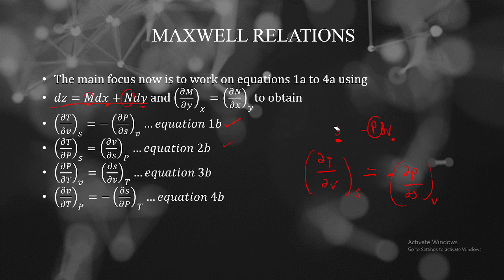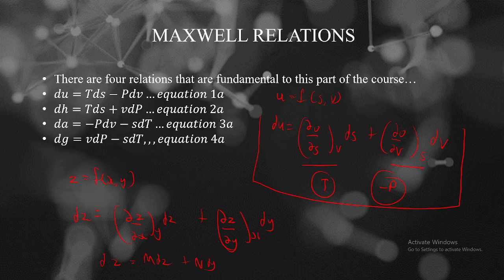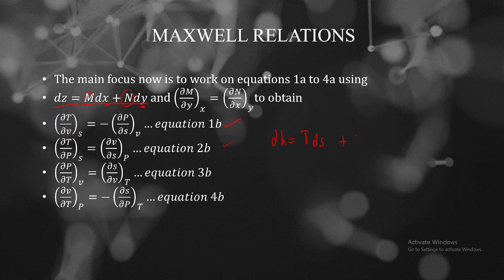So if we pick maybe equation 2a, for equation 2a we had the expression for dh. So we said dh was, I think we said it was tds plus, was it vdp? Let me verify. Yes, vdp. So plus vdp, right?